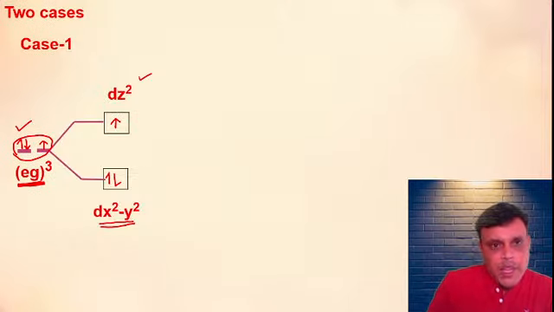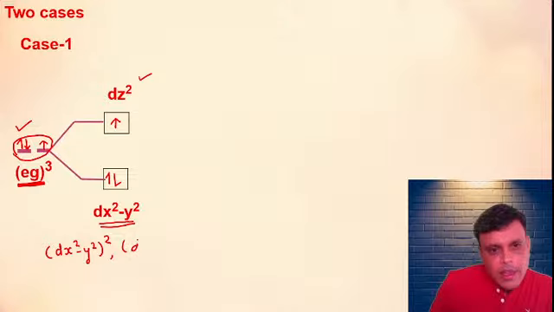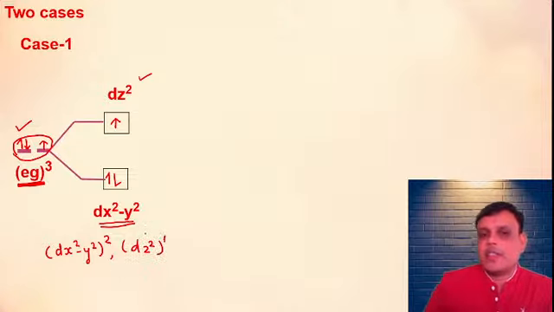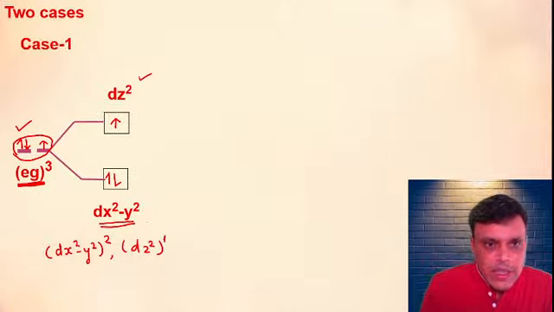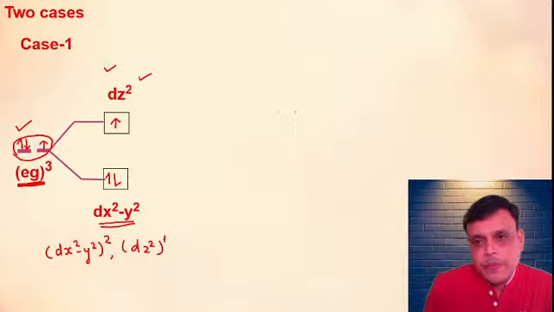That means here the electronic configuration will become dx square minus y square 2 and dz square 1. This is the electronic configuration. So if this is the case, then what will happen?